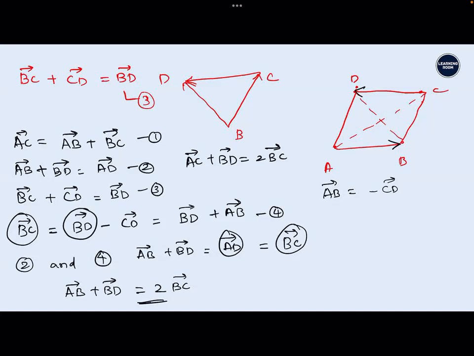So next one we can solve. What is the next one?